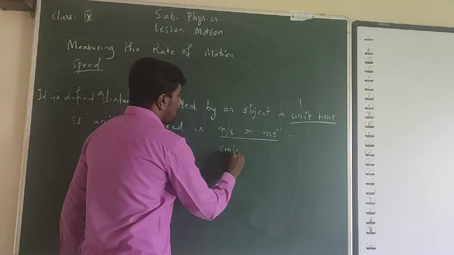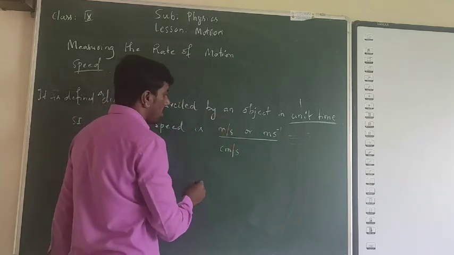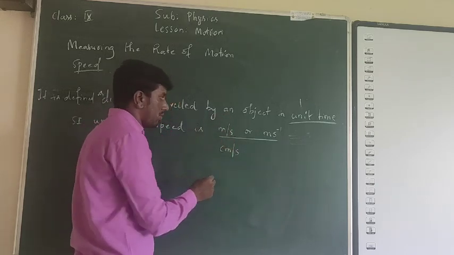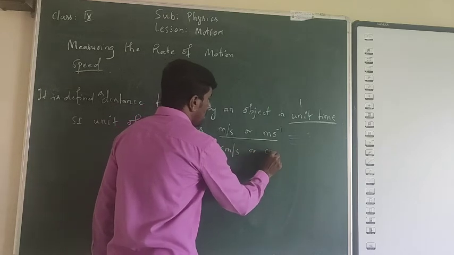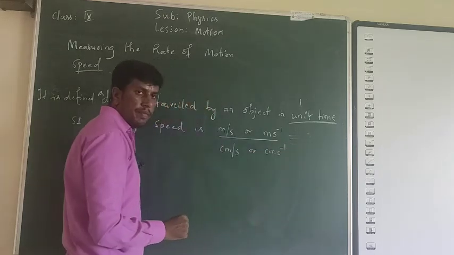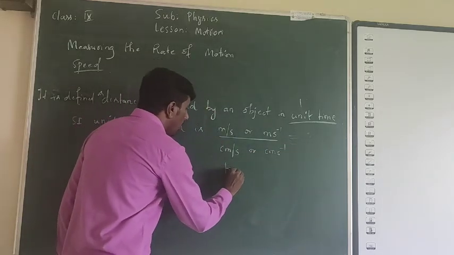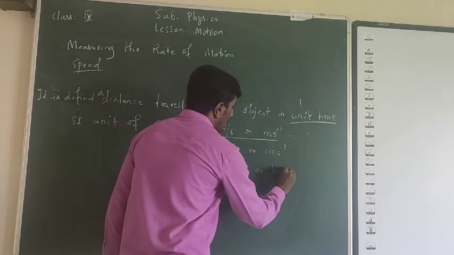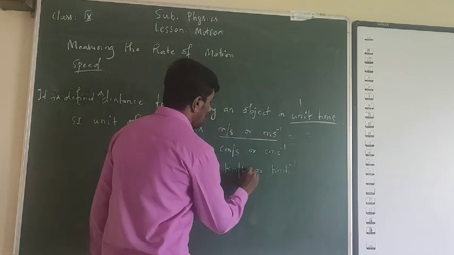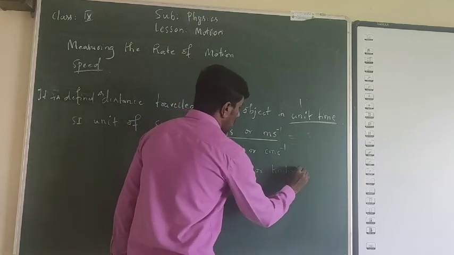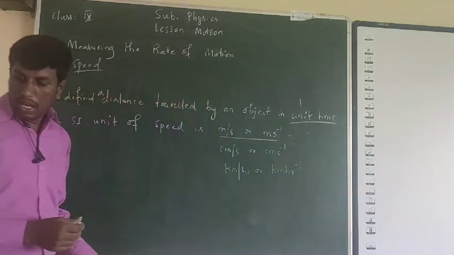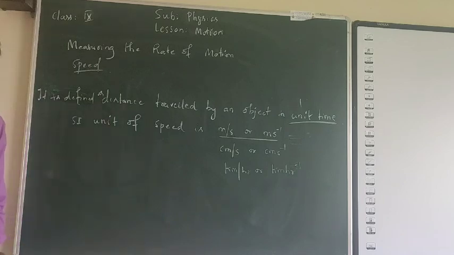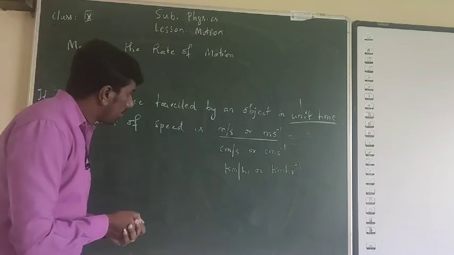Or centimeter per second, because distance can be measured in centimeters also, or centimeter second inverse, or otherwise kilometer per hour. We can write like this also. So we have 3 units.